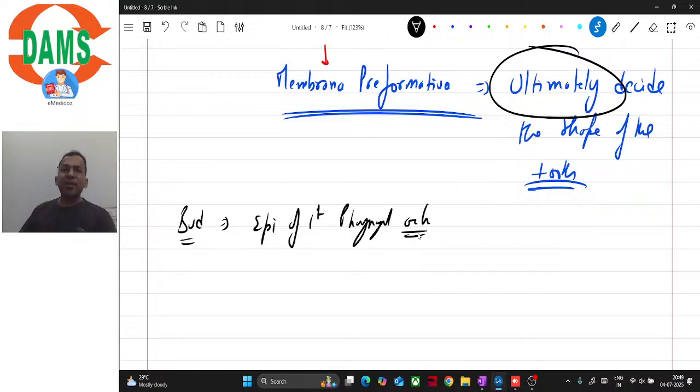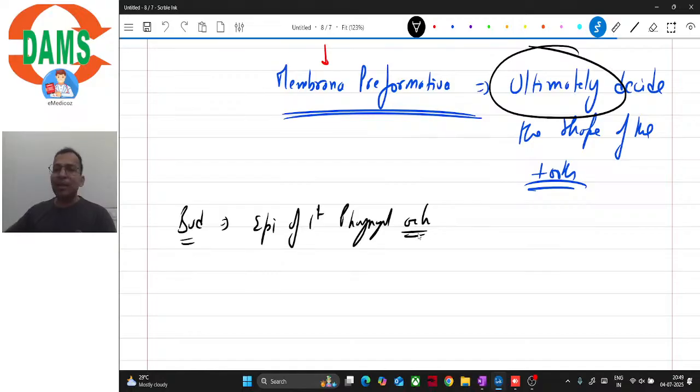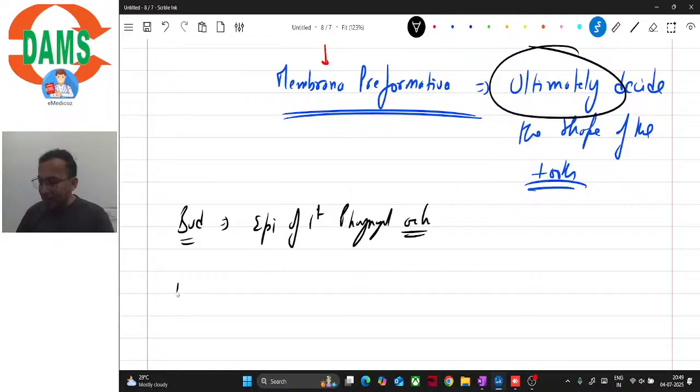We are going to study this in the class when we study the molecular mechanism of tooth formation, right? So in the bud stage, it is the epithelium of the first pharyngeal arch that decides the shape of the tooth. In the bell stage, it is the membrana preformativa, especially in the late bell stage.